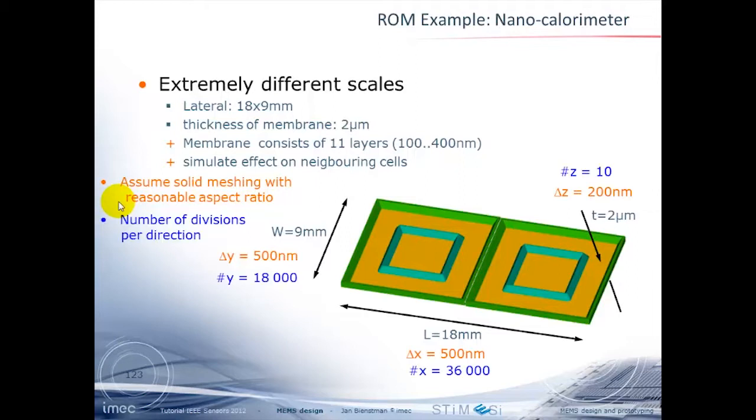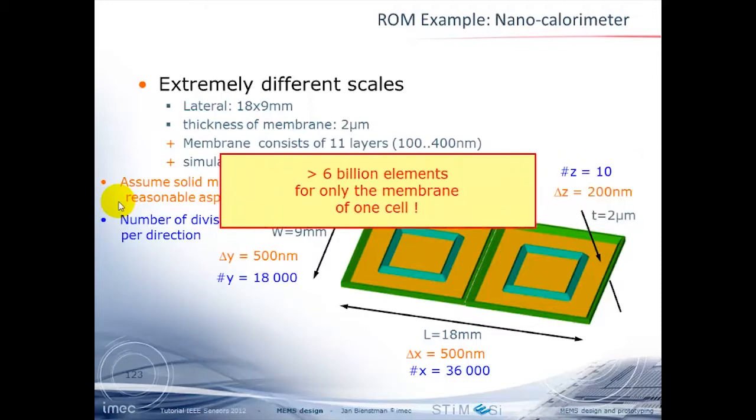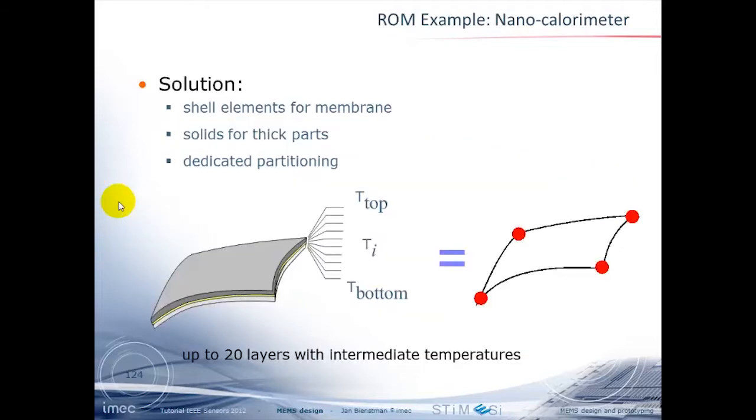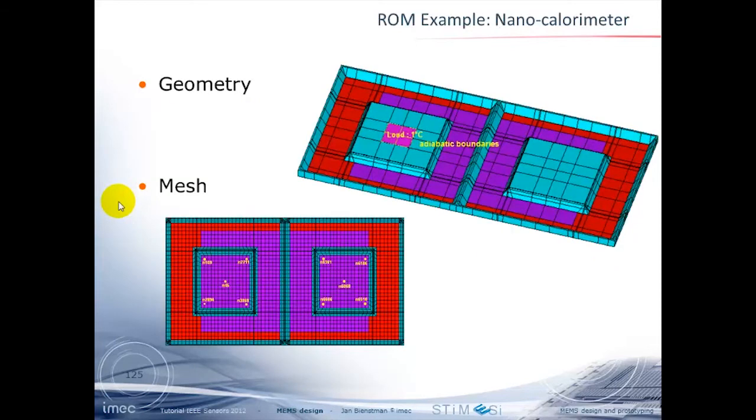Applying a good meshing ratio, if you want to model it with solid meshes, we came out with more than 6 billion elements, if you just calculate it easily. So it was not a solution, but by making use of shell elements I can model it more easily. It represents the thickness of the 11 layers, and I could mesh.